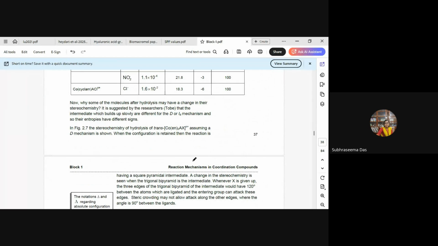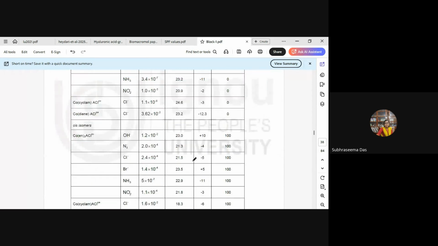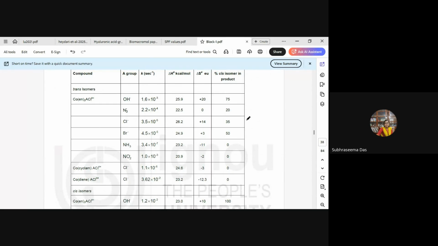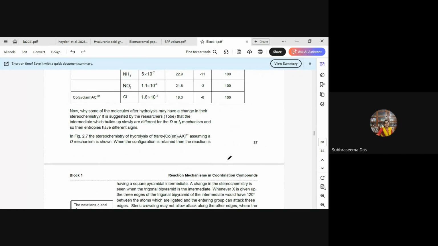Some molecules, after hydrolysis, show a change in their geometry. It has also been suggested that the intermediate builds up slowly. They are different for the dissociative or Id mechanism, and that is why their entropies become different. Once their entropy becomes different, their geometries also change.